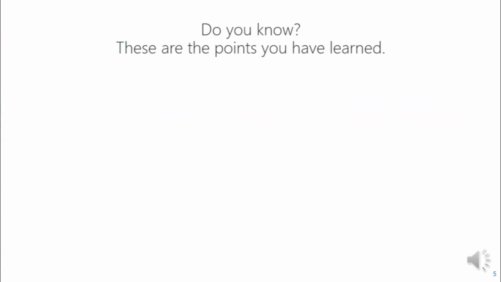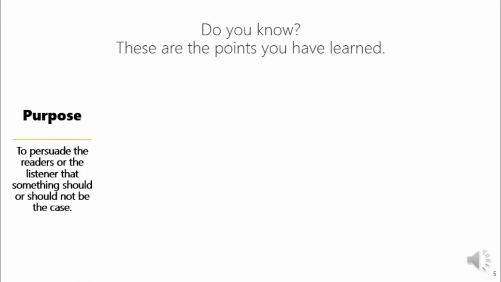Okay. Here is the summary of what you have learned before actually. The first one is the purpose. The purpose of hortatory exposition text is implicitly stated, actually, so it is not stated clearly, yeah? To persuade the readers or the listener that something should or should not be the case.